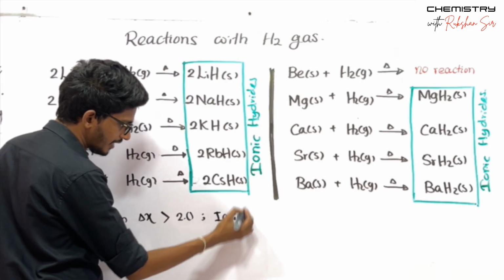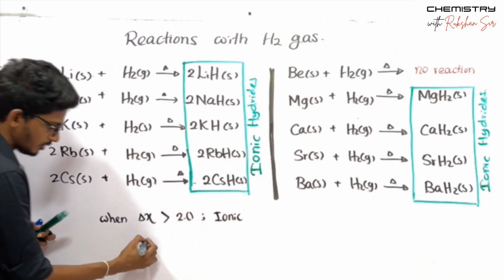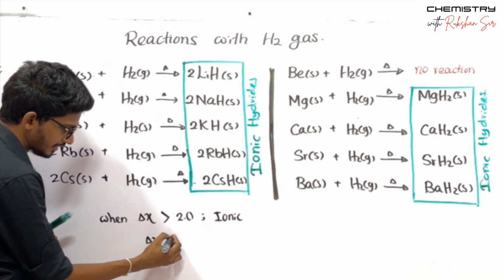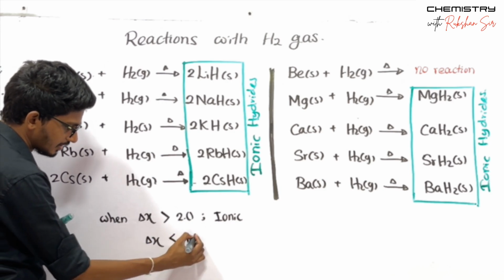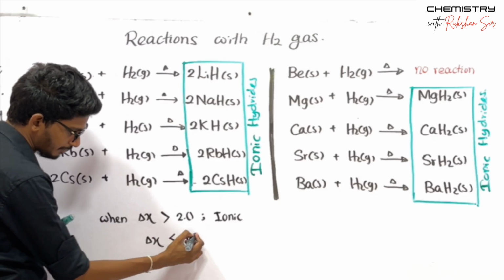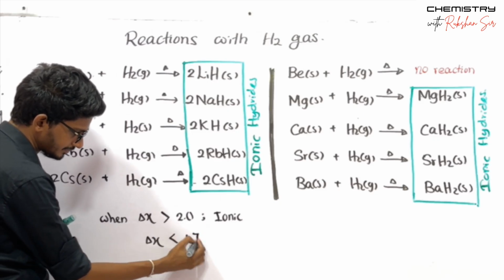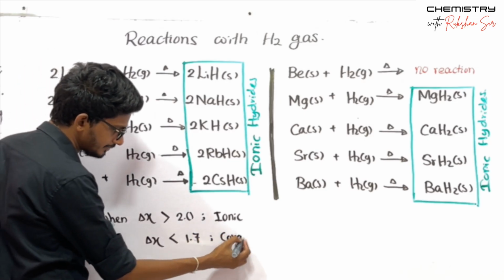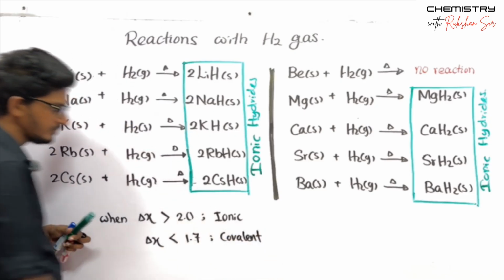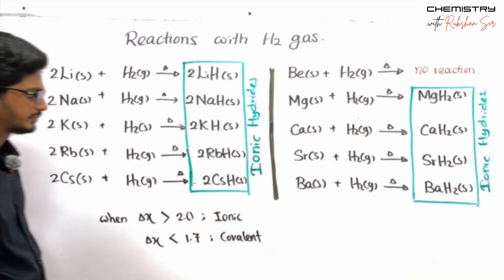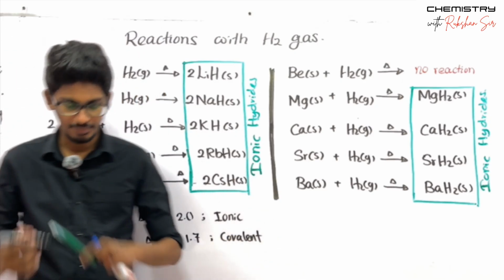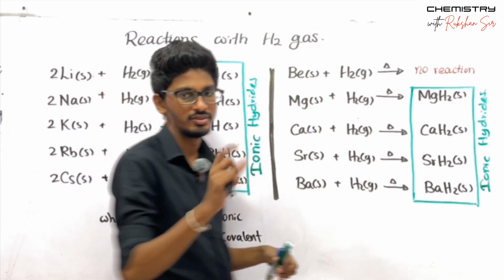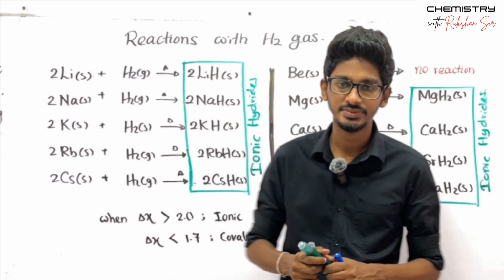If the electronegativity difference is less than 1.7, then the bonds are considered as covalent normally. That is the normal scenario to decide whether the bond between two atoms is covalent or ionic.